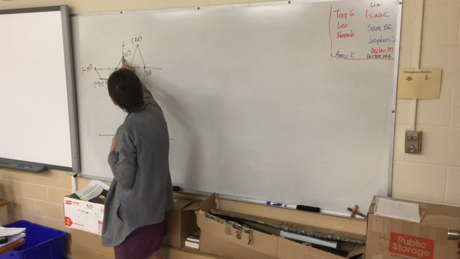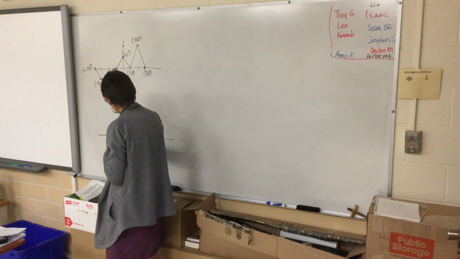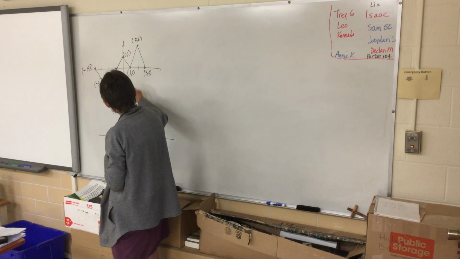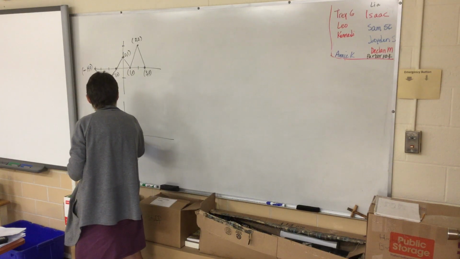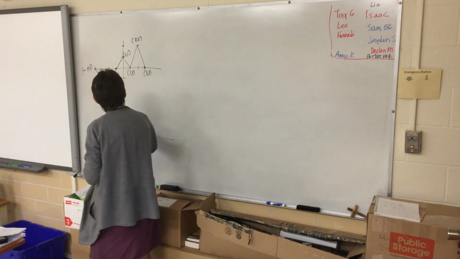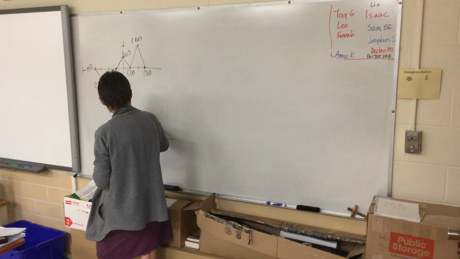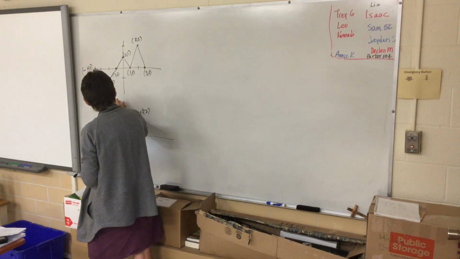Okay, now what happens at this point? That becomes the point 1, 0. And then 0, 1. And 2, 2 stays the same, right? When you switch it. And 0, 3.